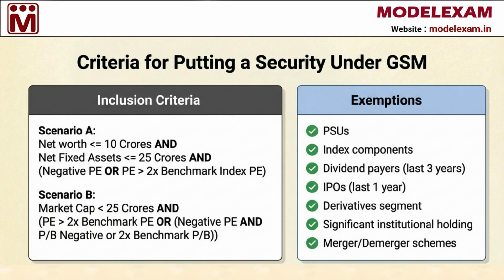If such a company has a negative price to earnings ratio or a PE that is 2 times the benchmark index, it gets flagged. However, there are important exemptions. Public sector units, stocks that are part of an index, and companies that have paid dividends in the last 3 years are generally safe from being placed under GSM.